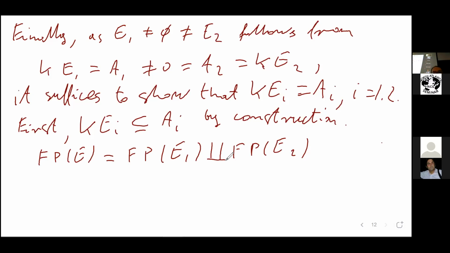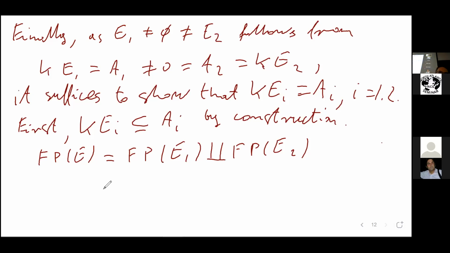Because imagine otherwise, imagine that you have a path which is neither in the E1 subgraph, nor in E2, okay? But then it means that we would have to have one edge or one vertex from E1 and one edge or one vertex from E2 which are adjacent to each other. But this would contradict the disconnectedness of the graph.